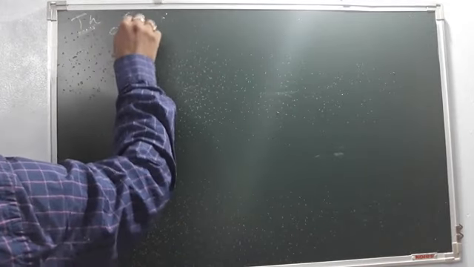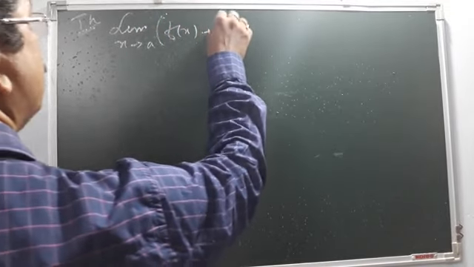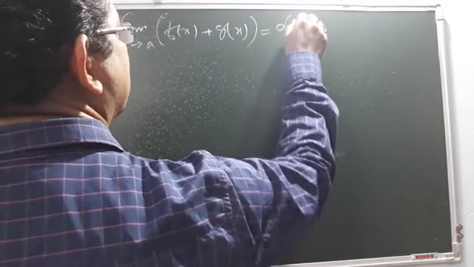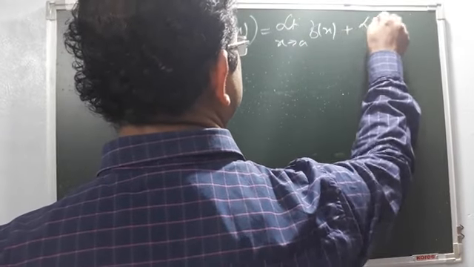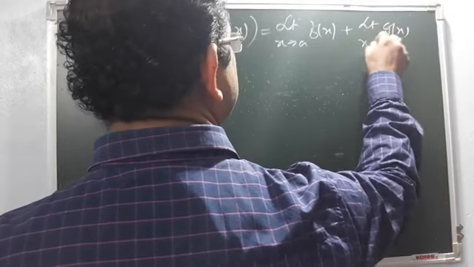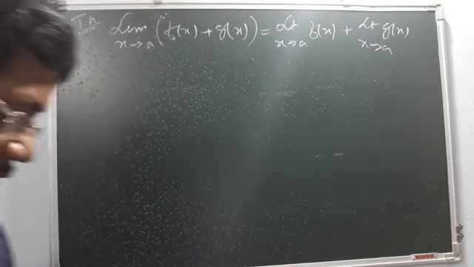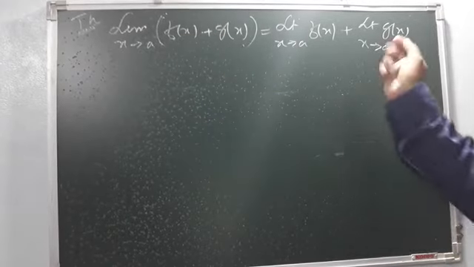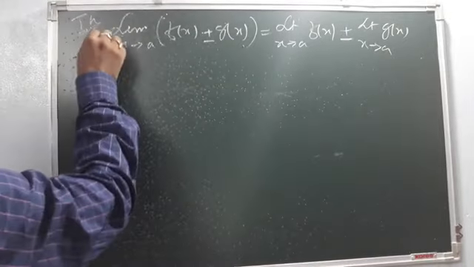One thing that you have to remember, that in case of limit, if this type of two functions is there, and the limit is outside, then the limit can enter into the individual functions. So what we have written here: limit x tends to a of f(x) plus g(x), we can write as the limit going to this one as well as that one. If it is a minus sign, then also it will work like that.